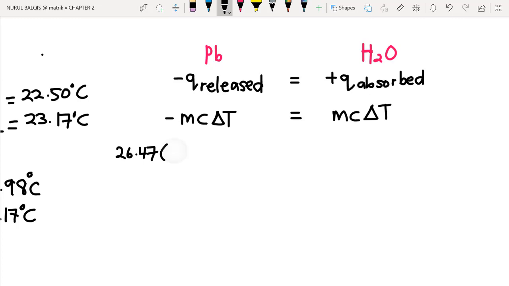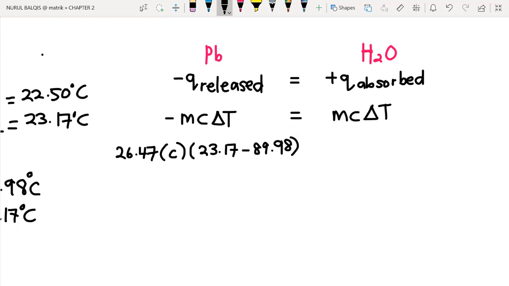And then we want to calculate the specific heat capacity of this lead, followed by the change in temperature: the final temperature of 23.17 minus the initial temperature of 89.98 degrees Celsius.